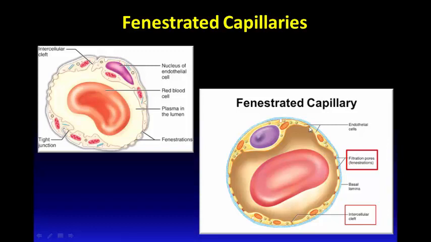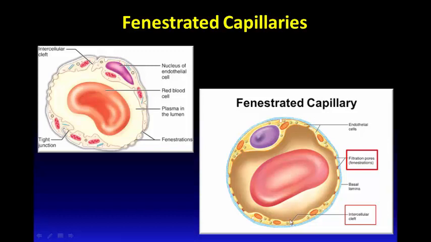So this is an endothelial cell in the wall of a fenestrated capillary with pores or fenestrations. Here we have another endothelial cell, but this endothelial cell doesn't have fenestrations, and still in between the adjacent endothelial cells we have intercellular clefts or intercellular slits.